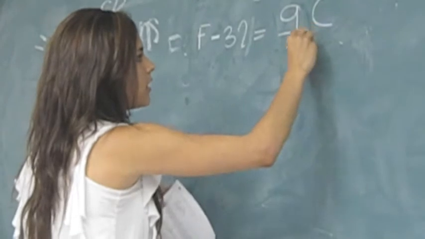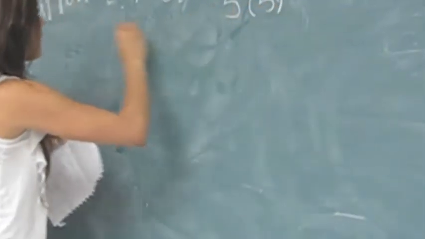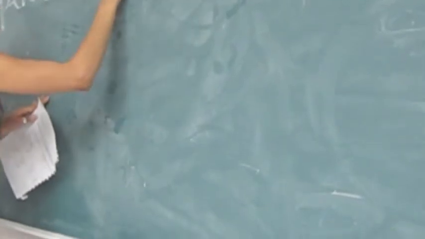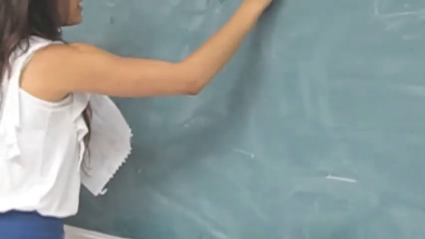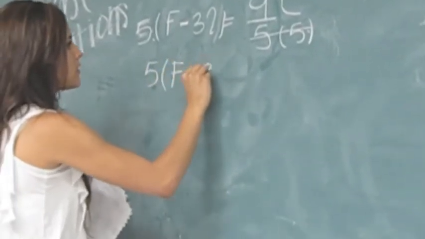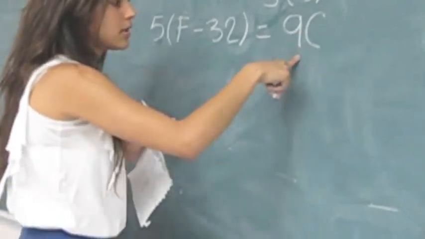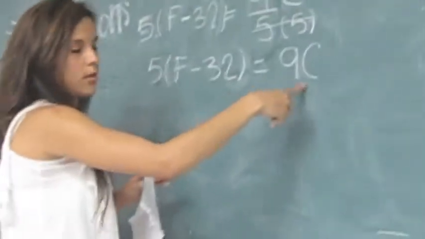So the next thing, like here, is dividing and we pass it multiplying to the other side. Here we cancel and this will be the next answer. But we're still having the C with a number.